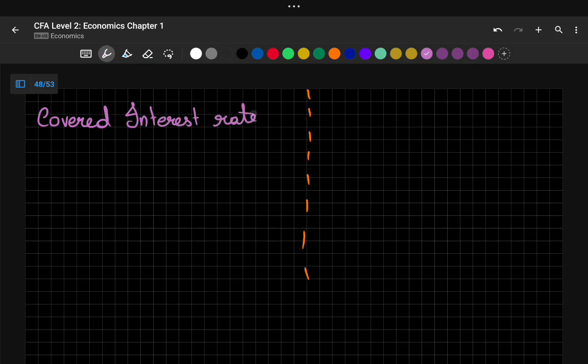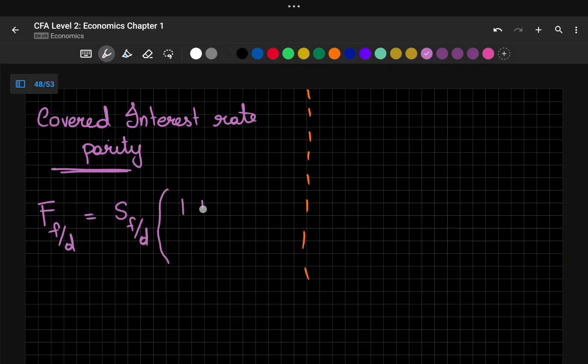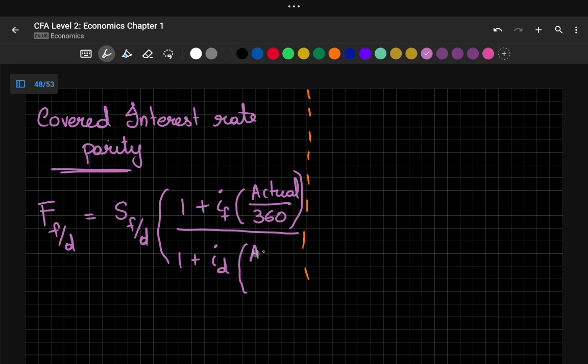We know from our video on forward rates, where we calculated the covered interest rate parity equation, that the formula for forward rate is equal to the spot rate times 1 plus the foreign interest rate multiplied by the actual investment duration divided by 360, the whole divided by 1 plus the domestic interest rate multiplied by the investment duration.